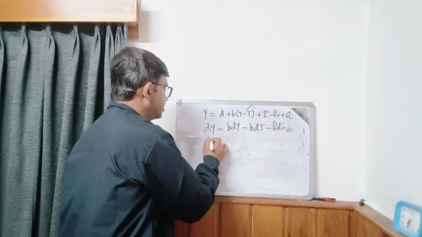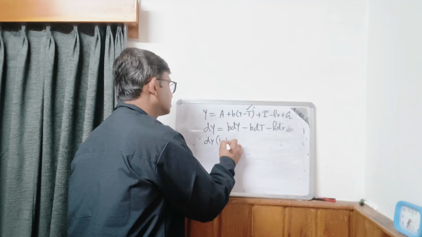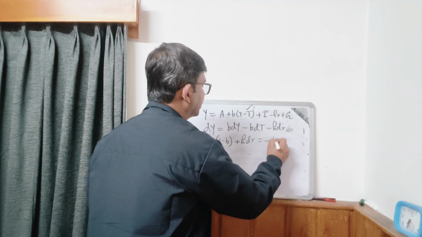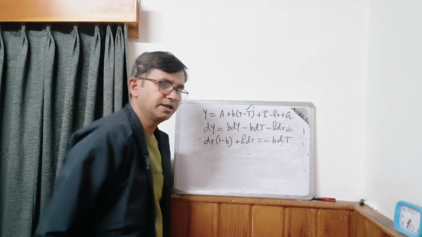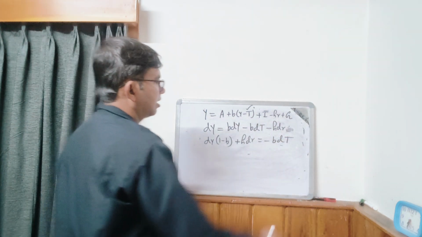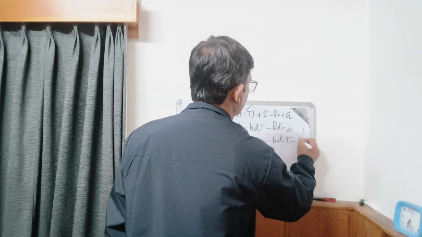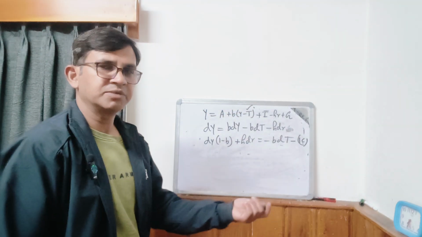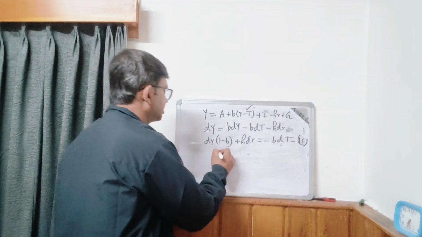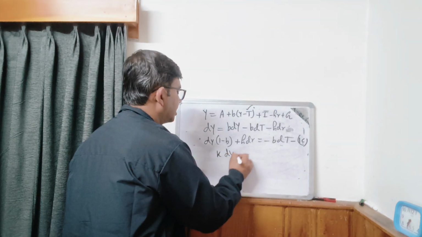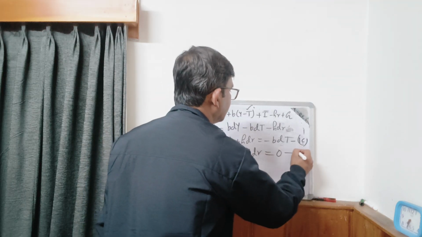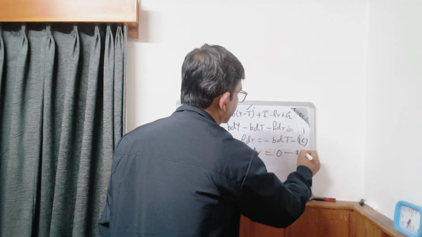So we can write here dY into 1 minus b plus h dr equals to minus b dT. So this is our new equation 1C. And from the money market we get the same equation, k dY minus L dr equals to 0. So this is again 2A.